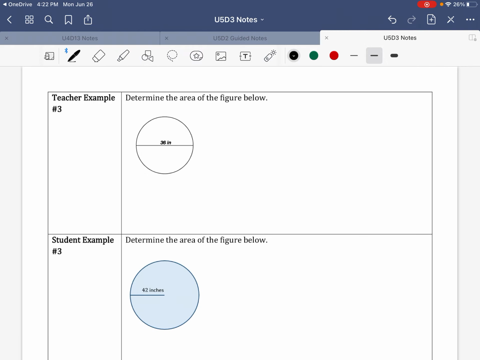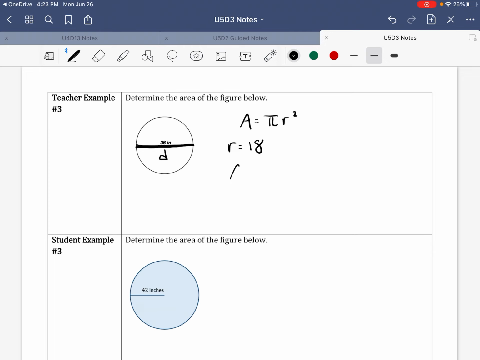Now our last teacher example asks us to find the area of this figure. And we all know this figure here is a circle, so the area equation is going to be pi r squared. Since we're told this entire length going all the way across the circle is 36, that represents our diameter. But since we need the radius, we need to cut the 36 in half, which gives us a radius of 18.